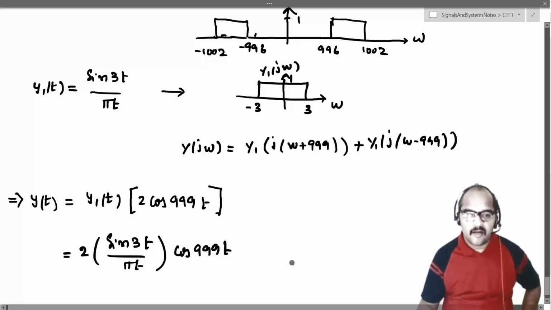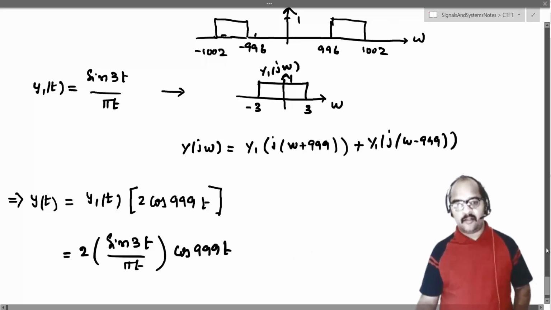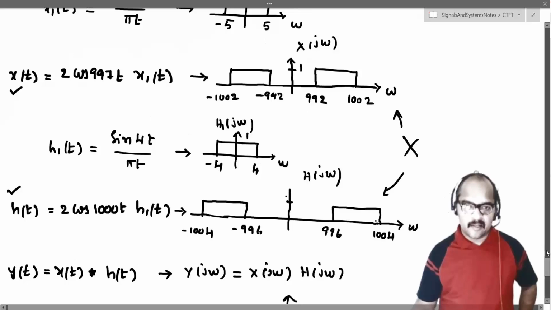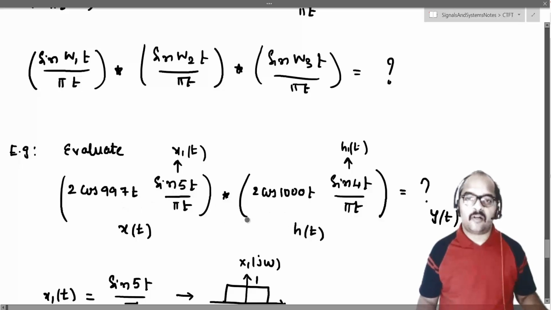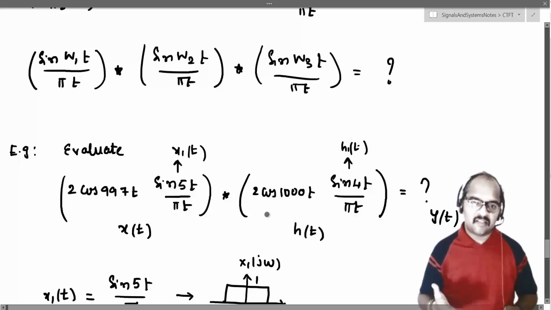So in that way, if you look at the problem, then you will understand the gravity. What is the question here? We have to find the convolution of these two signals. If you do that in the time domain, it is not at all easy, and it is near to impossible for us. Mathematicians can do it, but as far as engineering students are concerned, it would be tough.